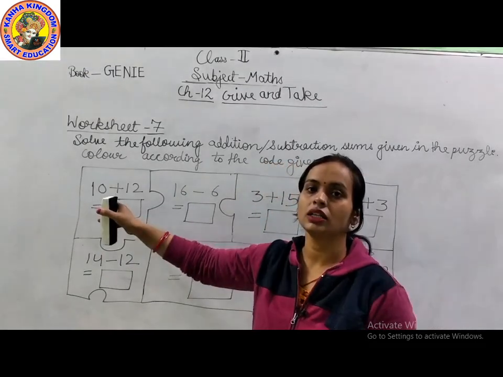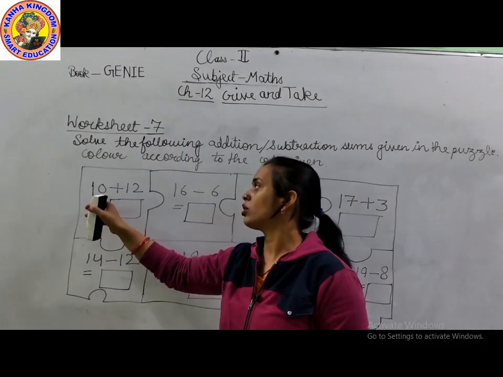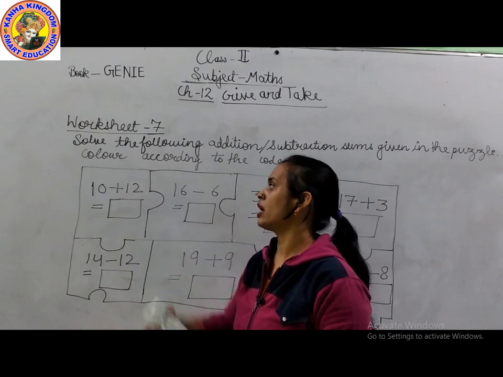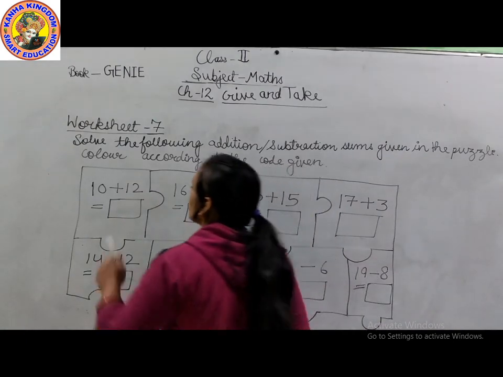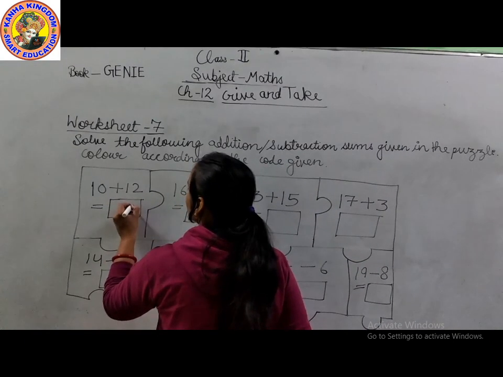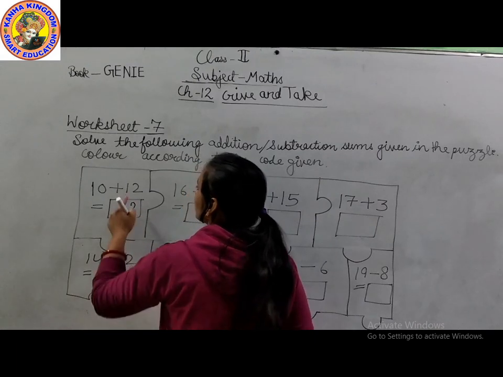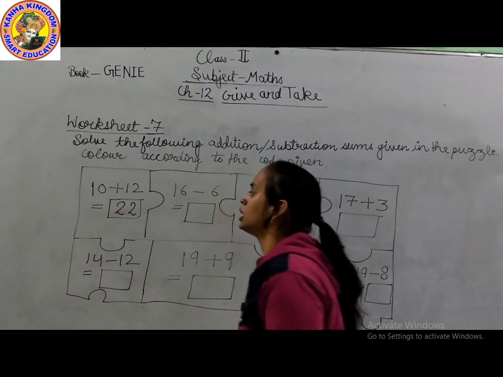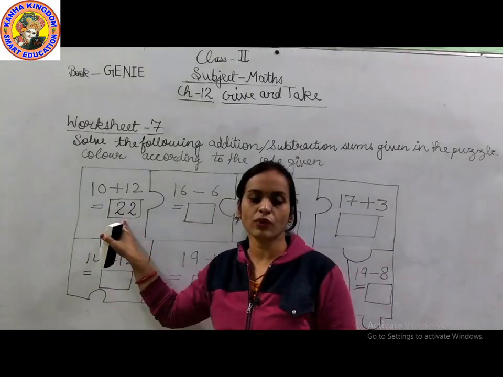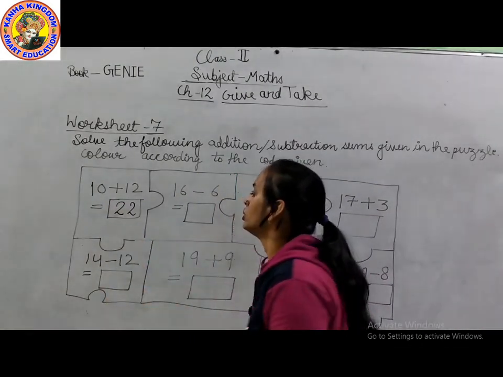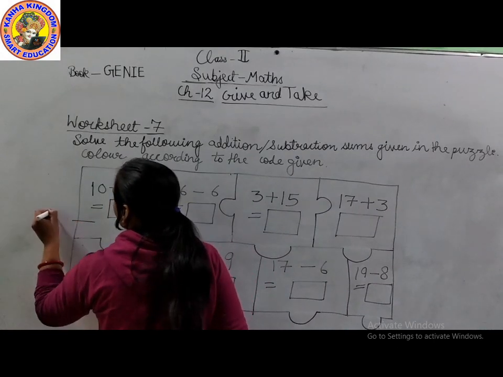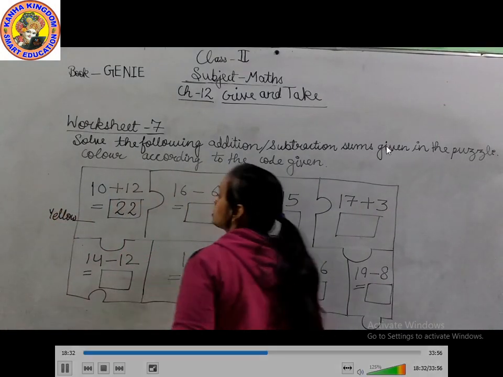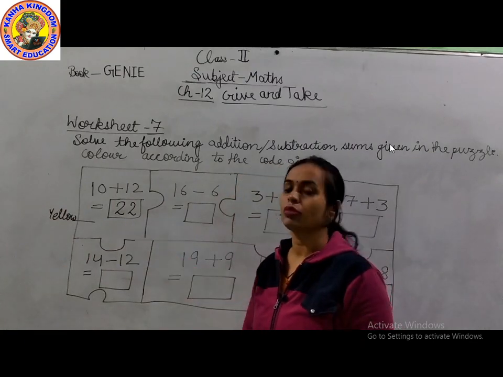Now let's start. Solve the puzzle. First is 10 plus 12. So 2 plus 0, 2, 1 plus 1, 2. So what is the color code of 22? Yellow. So fill yellow color in this block.